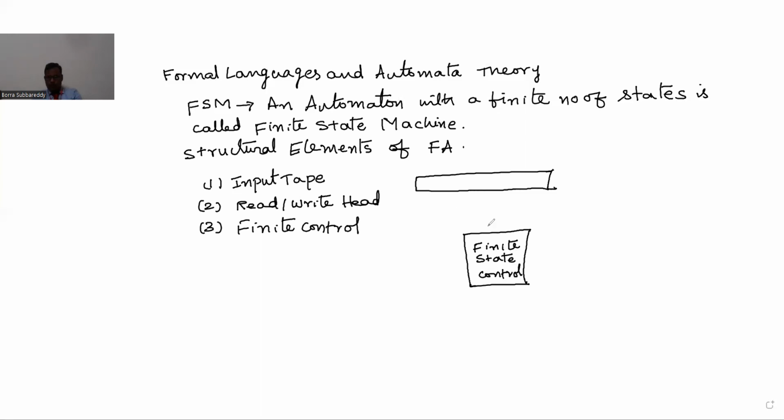Finite state control. The first component is input tape. Here the input tape is divided into squares. Each square contains a single symbol.